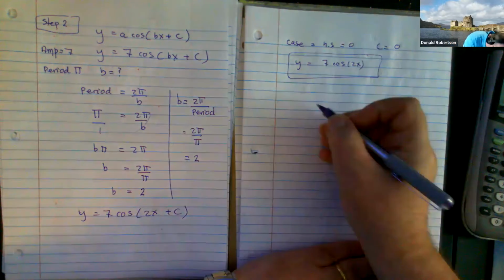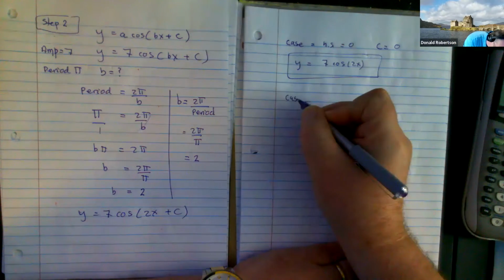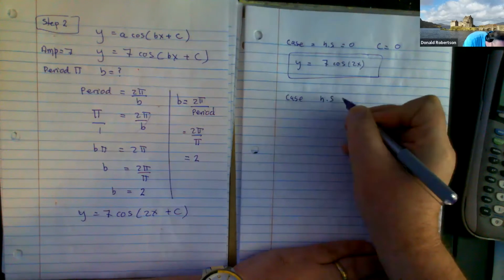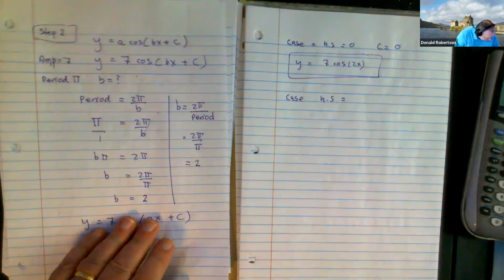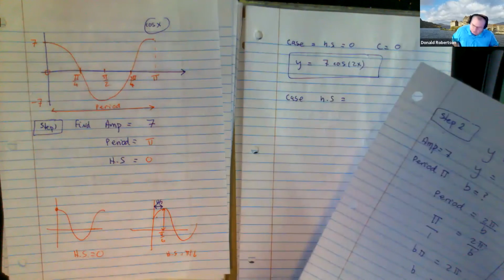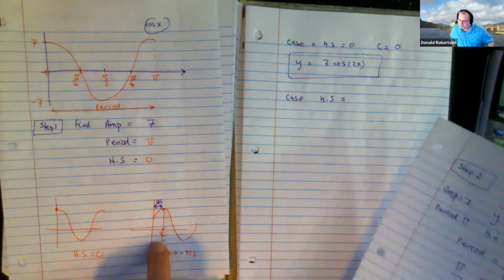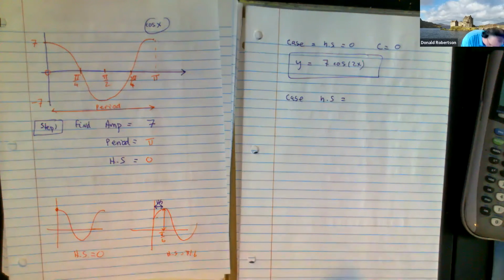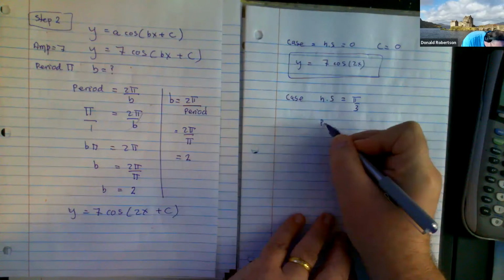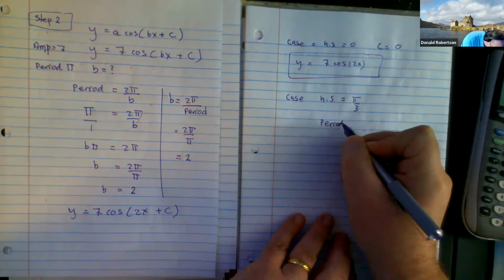Now, what's more likely to happen is that you're going to actually have a horizontal shift. Let's do that one. Remember that horizontal shift was pi upon 6? Imagine we had a question where the horizontal shift was pi upon 6. I'm just going to keep the question exactly the same.